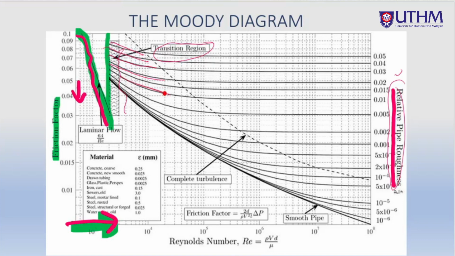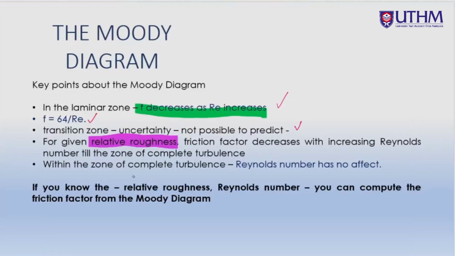Semua ke bawah as Reynolds number increases until dia jumpa complete turbulence before dia jadi almost constant. Kan? Banyak kali saya ulang benda ni kan. Hopefully you guys can understand. Okay, and within the zone of complete turbulence, Reynolds number has no effect. Kan?